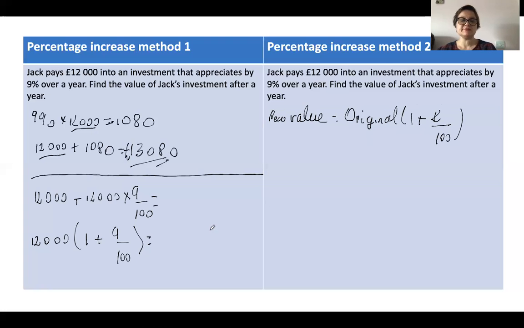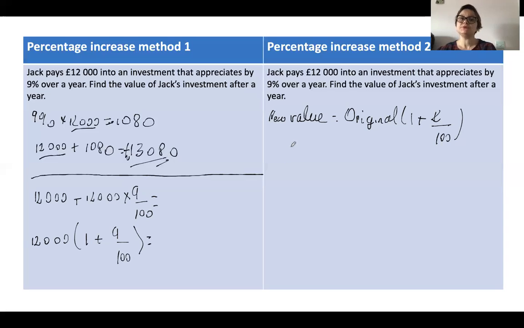Now, can you see the similarities between what I found here and what the formula says? So 12,000 actually is the original investment. And in brackets, I have 1 plus 9 over 100. So r is the 9, this 9 here.